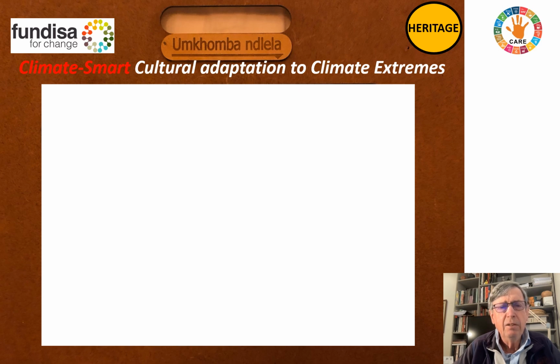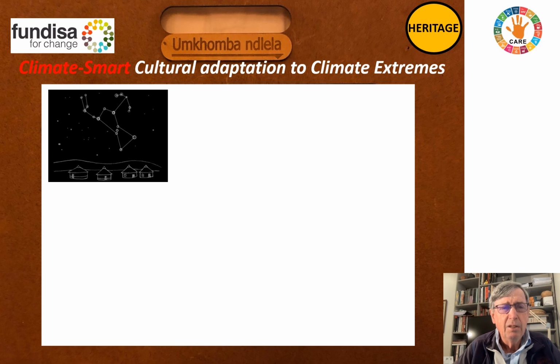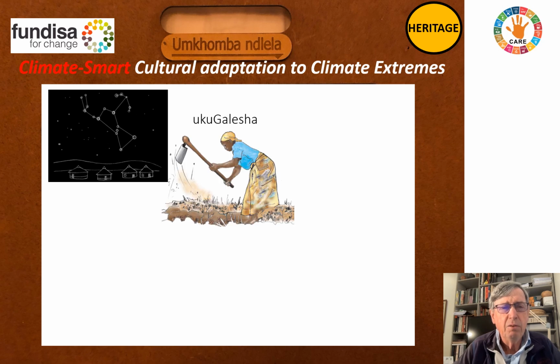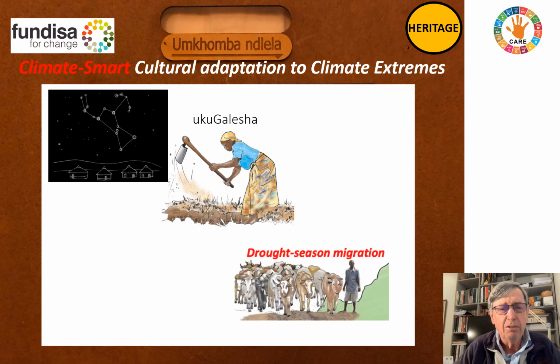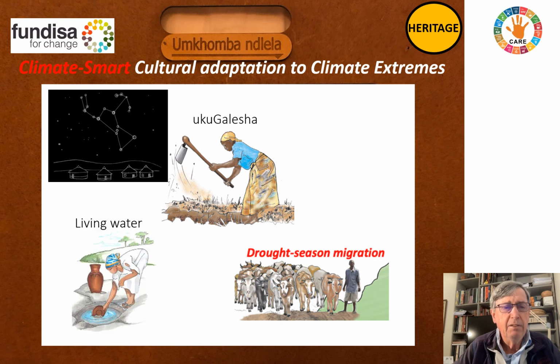So if we look at cultural adaptation to these climate extremes, you've got particular times of the year when particular patterns of ukugelesha in the case of the Xhosa, and you'd get the droughts that would lead to seasonal migrations to the Zuurveld. And of course, a key thing was maintaining living waters.